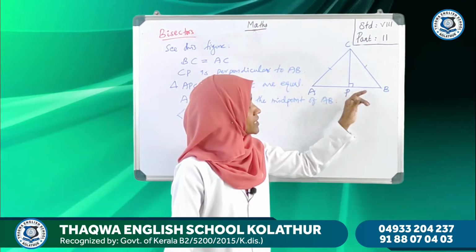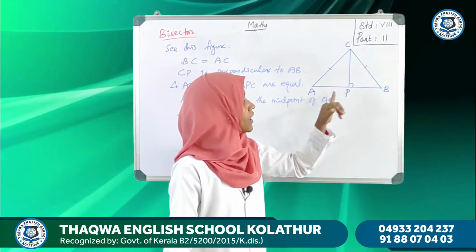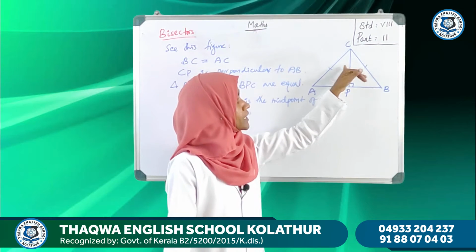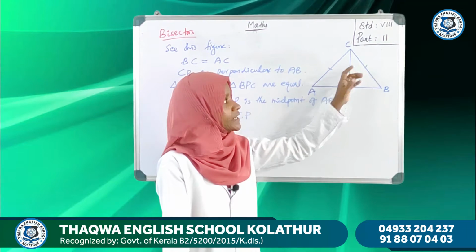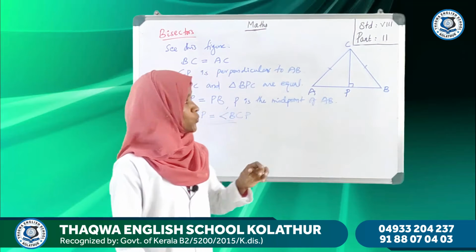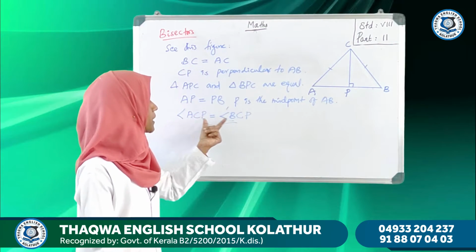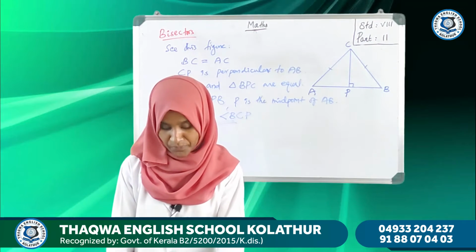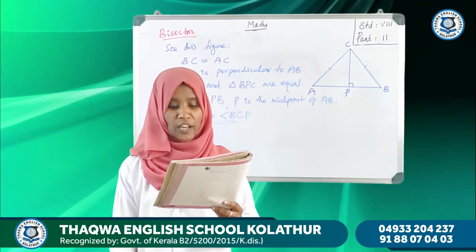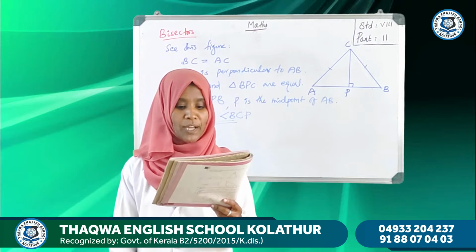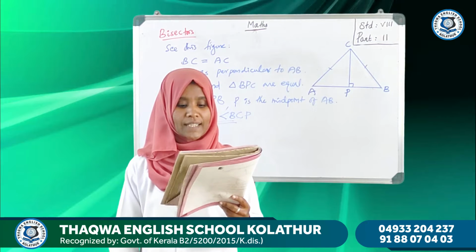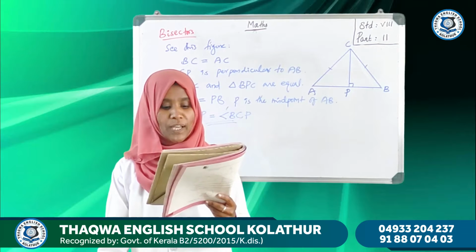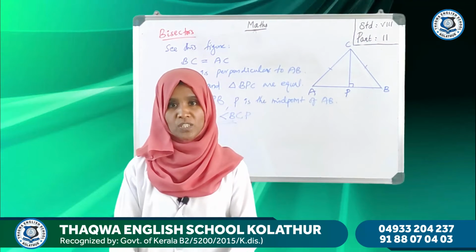Then we can say that CP is the perpendicular to the line AB, and the line CP divides angle C into two, angle ACP equals angle BCP. Now listen, in any isosceles triangle, the perpendicular from the point joining equal sides to the opposite side bisects the angle at this point and the side opposite.